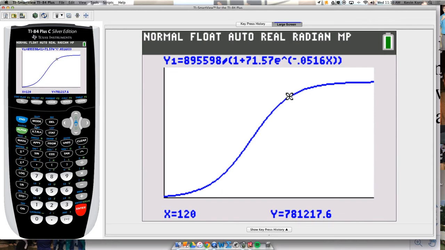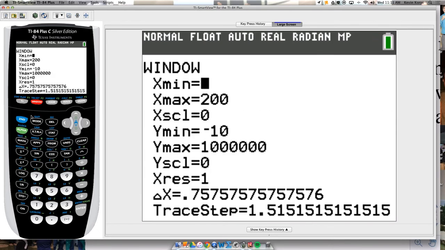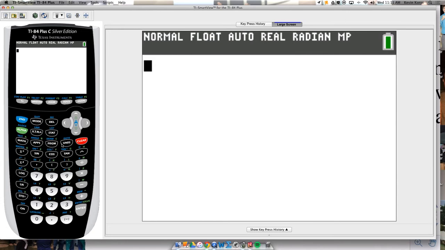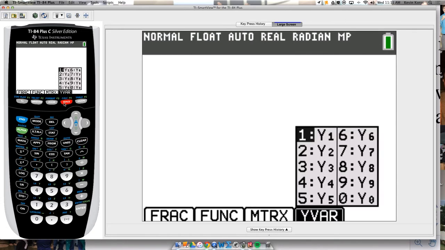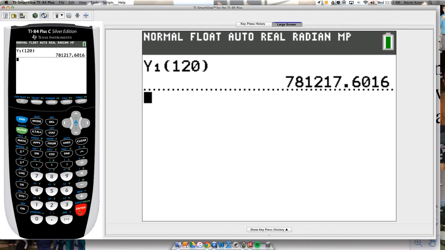Now, if you didn't want to do it from the graphing screen, you could go to the home screen, and remember, you can recall what's in Y1 by hitting alpha trace. There's your shortcut, and then just open it up, type in 120, and close it. So that has the advantage of giving us what?